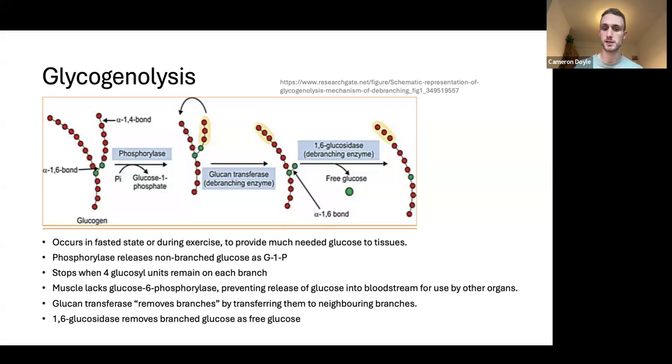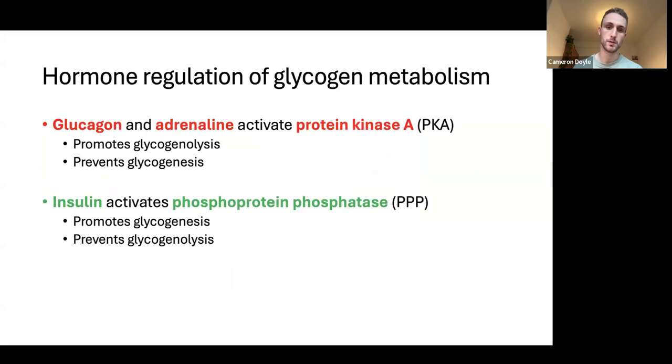So if you don't have the reverse enzyme, which in this case is glucose 6-phosphatase, you cannot then release that glucose back into the bloodstream for other tissues to use, which is why the glycogen in muscle can only be used by the muscle itself, whereas the liver glycogen can be released into the bloodstream.